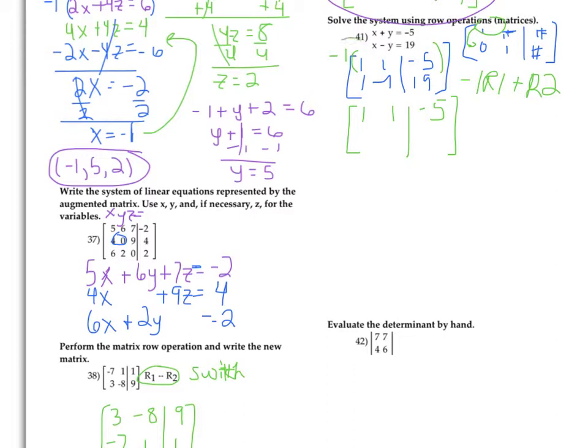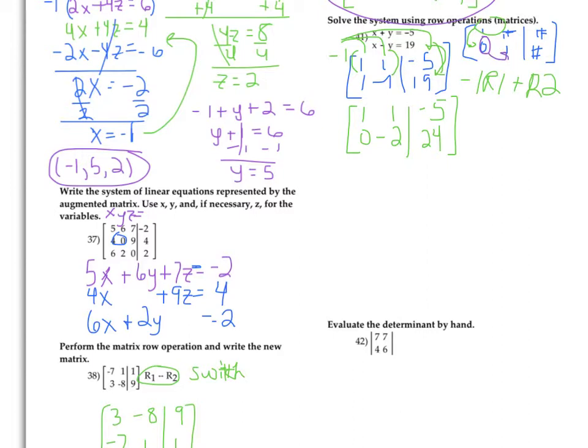We do -1 times 1, we get -1. We add it to the second row, and we get 0 here. And we do -1 times -1, which is 1. 1 plus -1 is... wait, -1 times -1 is -1, -1 plus -1 is -2. Then we do -1 times -5, which is +5. We add it to 19, and we get 24. So we've got this 0 taken care of.